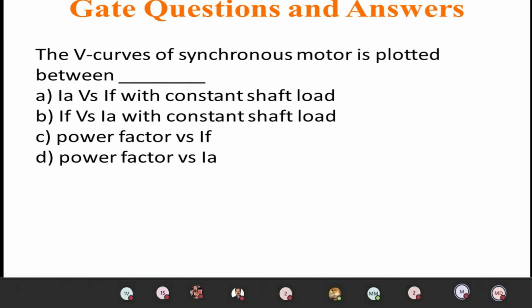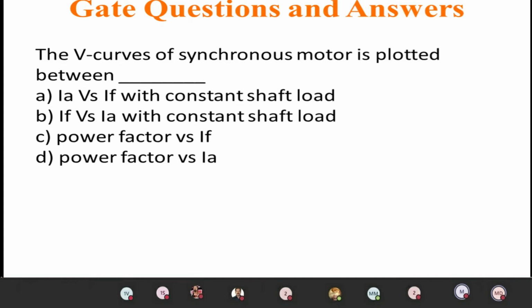When you excite the synchronous motor and it is over excited, it is at leading power factor. When it is at low excitation, that is lagging power factor. When it works at critical excitation, it is at unity power factor.